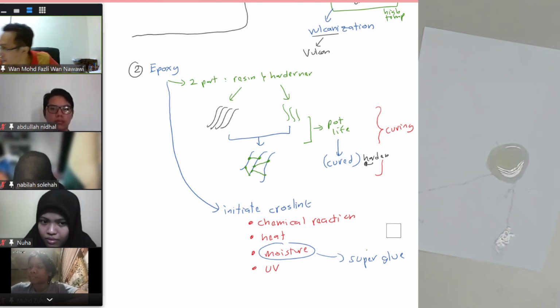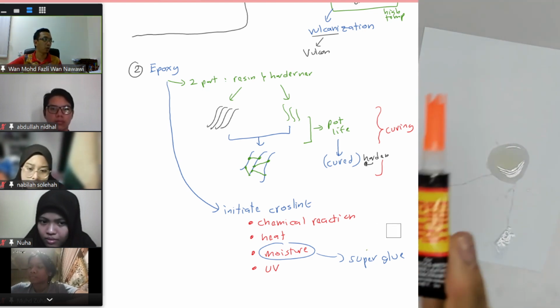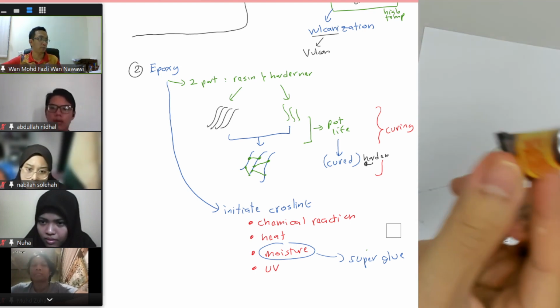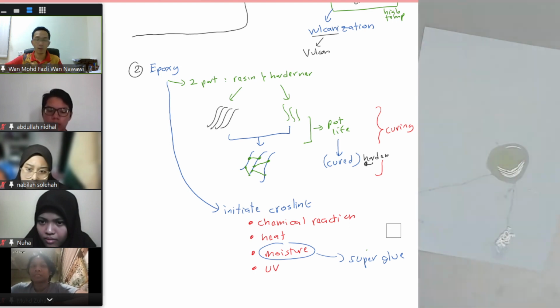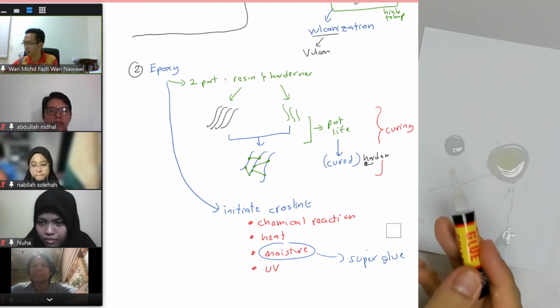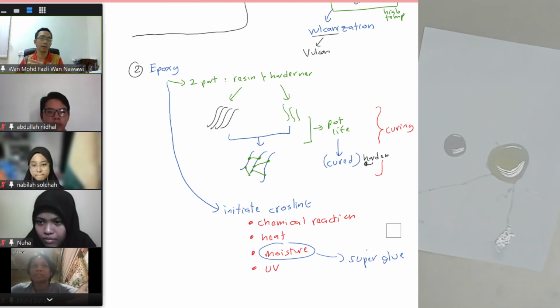When you have super glue like this, the stuff inside the tube is still liquid, but when you put it outside, it will be in contact with the moisture in the environment.